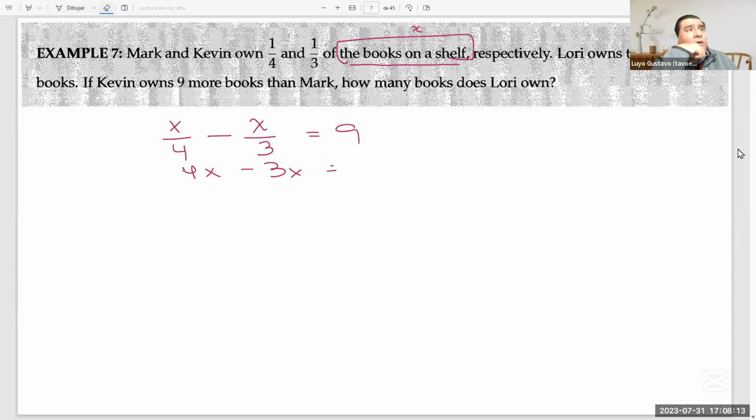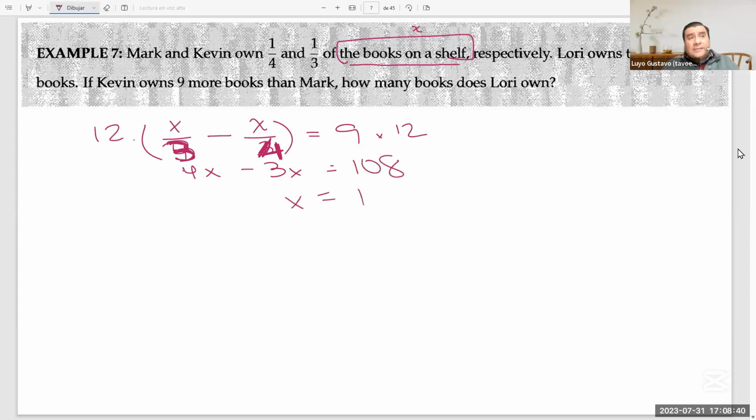The direction of this difference is that Kevin is the one with more books. Otherwise, it doesn't make sense, right? X over 3 should be greater than X over 4. So multiplying by 12, you get actually 4X, take away 3X. This is 108. So X is exactly 108.